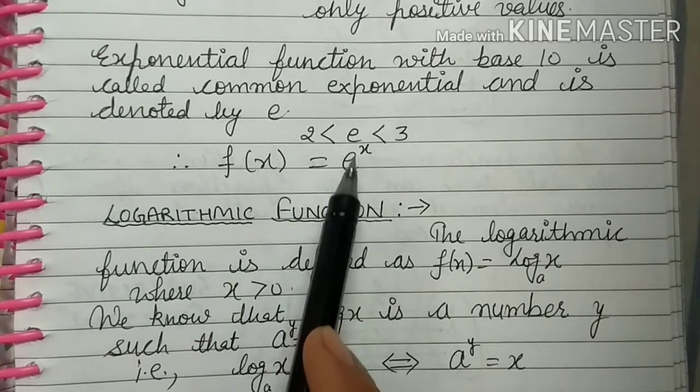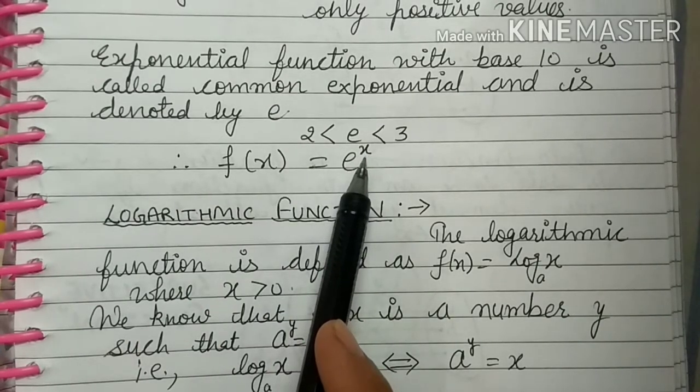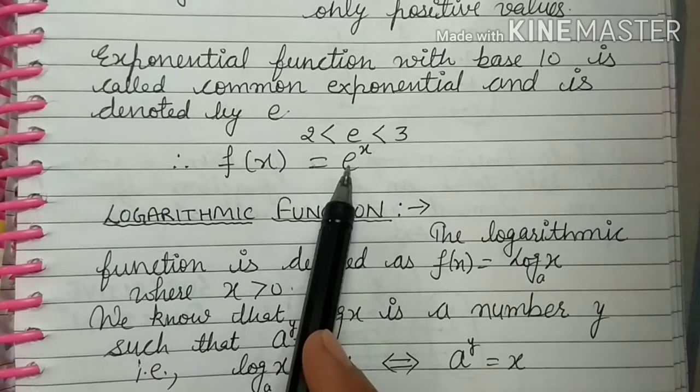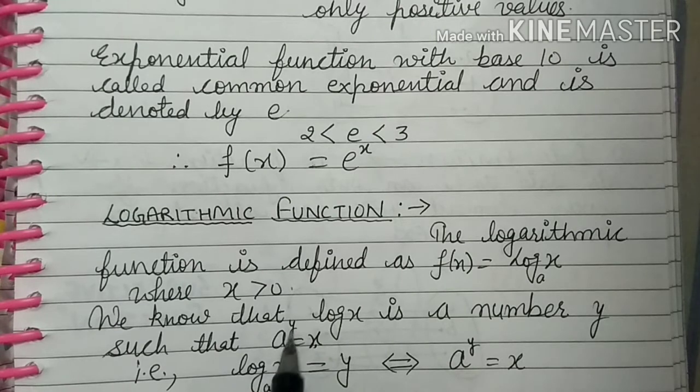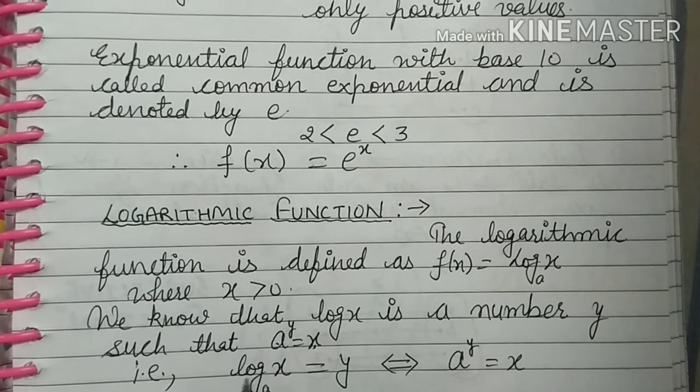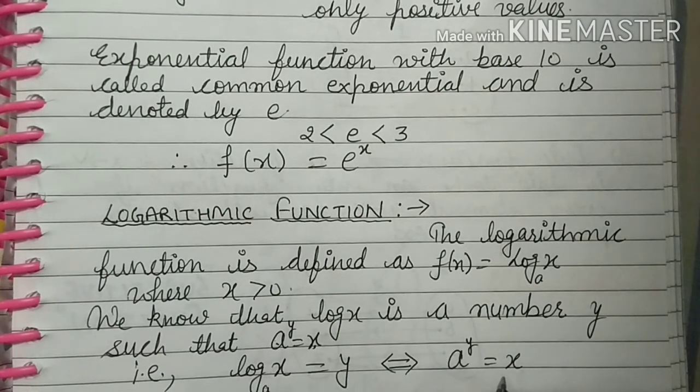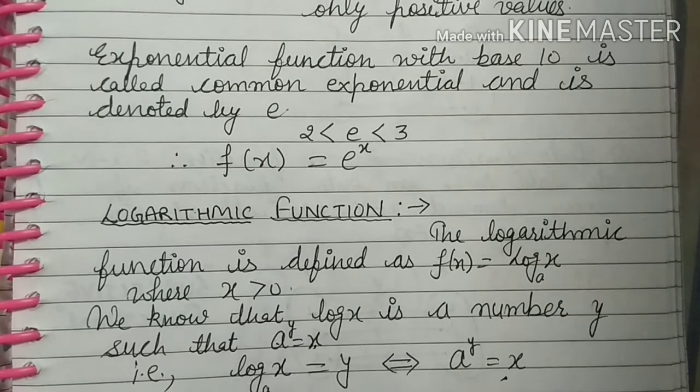In the exponential function, x is written as an index of a real number, but when y is written as the index of a real number, that function can be written in this form, that log of x equals y, implying a raised to the power y equals x. This function is called the logarithmic function.